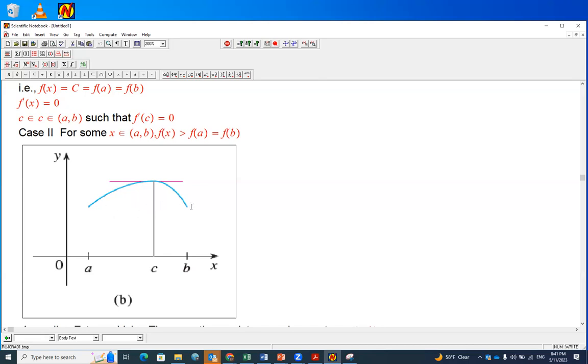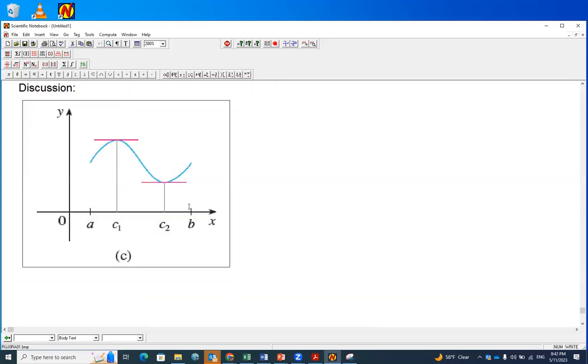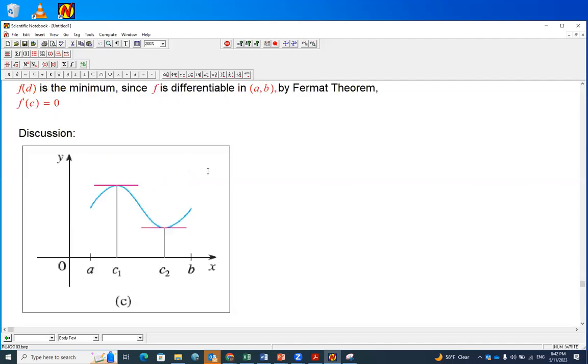The minimum could happen at the endpoints. There could also be, in this case, f(a) the same as f(b), and we have both max and min. So in this case, we actually have 2 c's. Do we always have 2 c's?